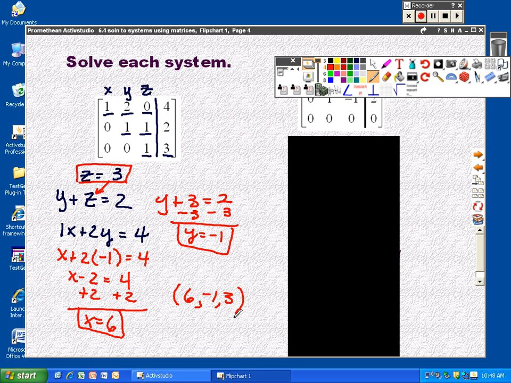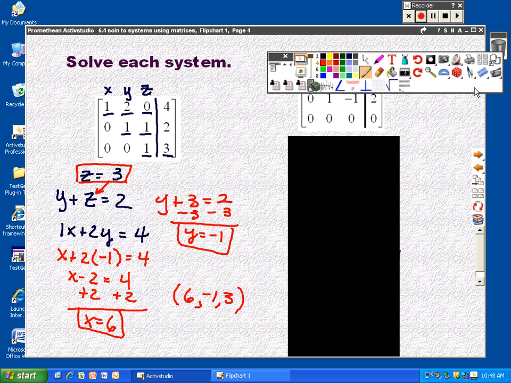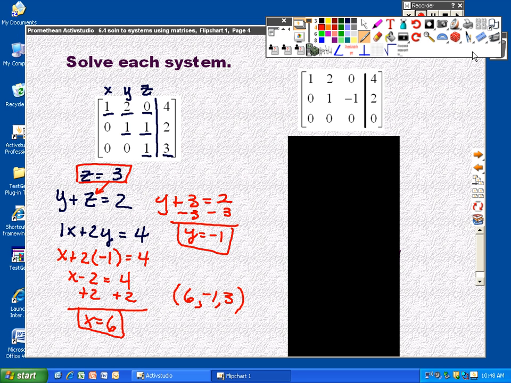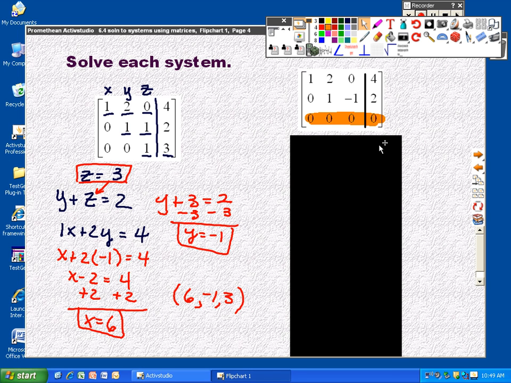Let's try another one. This time my matrix is 1, 2, 0, 4, 1, 0, 1, negative 1, 2, and 0, 0, 0, 0. Since this bottom row is all zeros, we end up having the equation 0 equals 0.